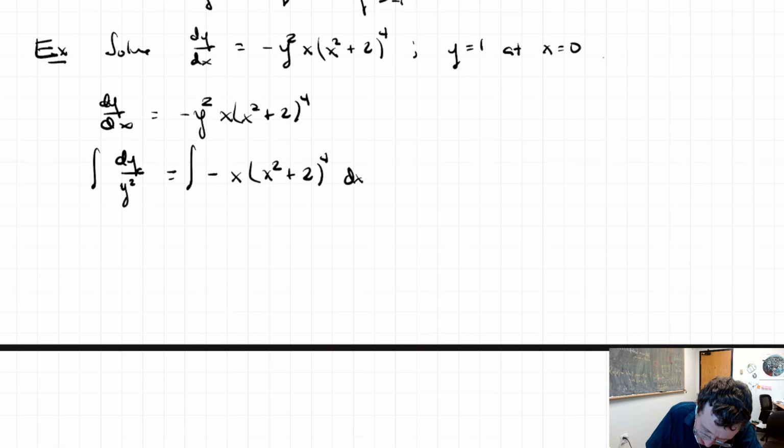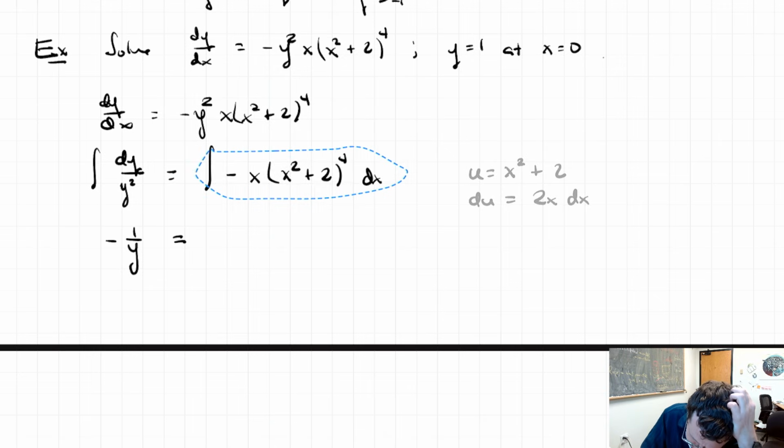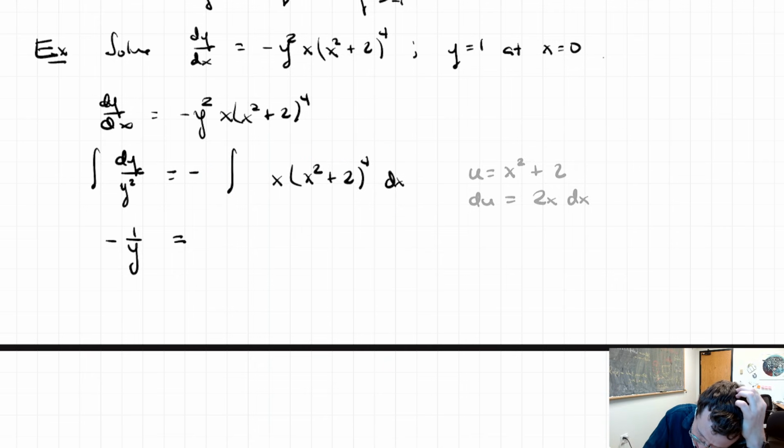On the left, the integral of 1 over y squared is minus 1 over y. And then here, we're going to do a u sub. We're going to set u equal to x squared plus 2. So du is 2x dx. I don't quite have a 2x, but I can throw a 2 in as long as I also put in a 1/2.